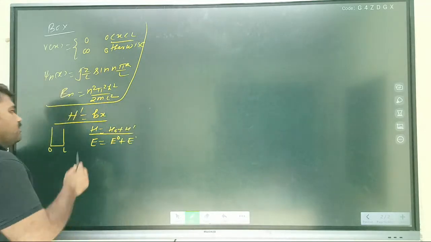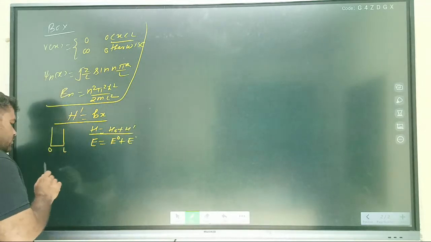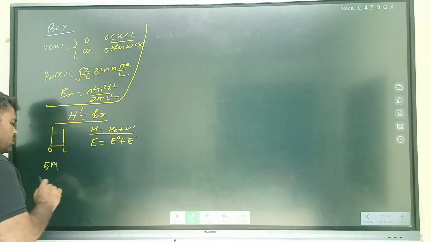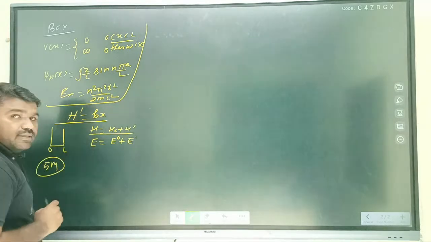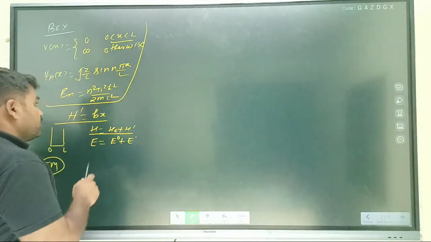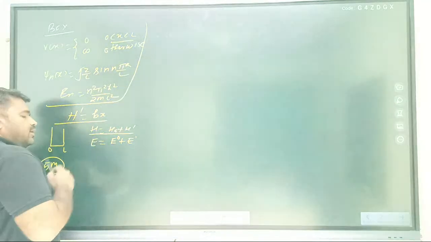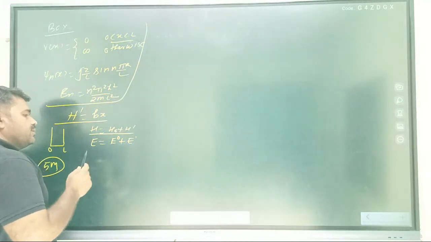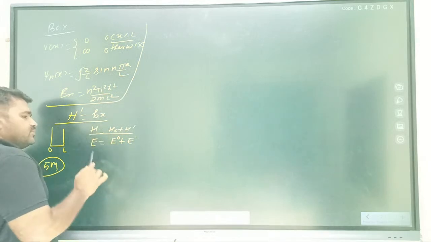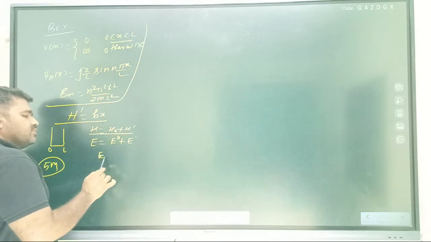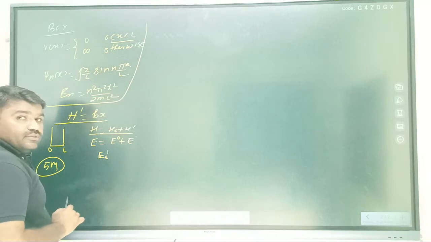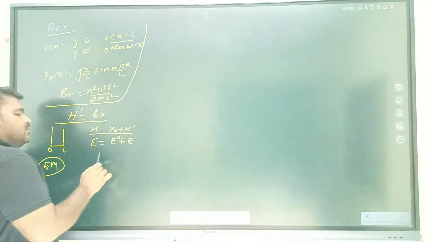Clear? Now, a problem is given for 5 marks. How many marks? 5 marks. H prime is equal to Bx. And what is the perturbed energy to the system? Perturbed energy to the system means we just have to find the first order correction to the ground state, like E1 0.